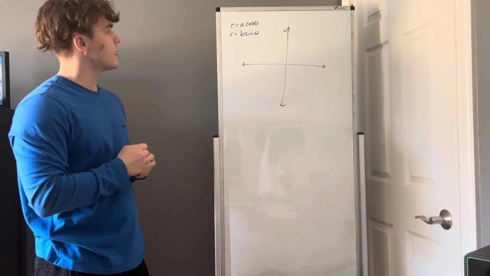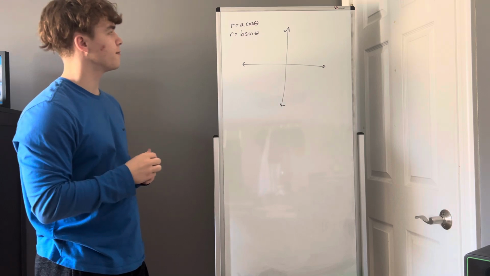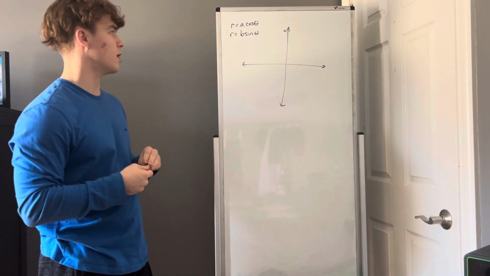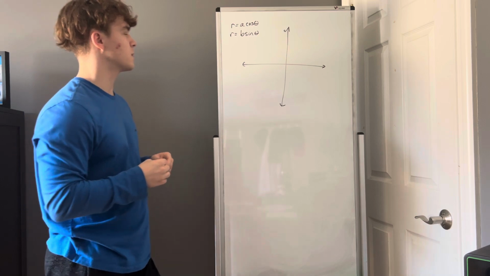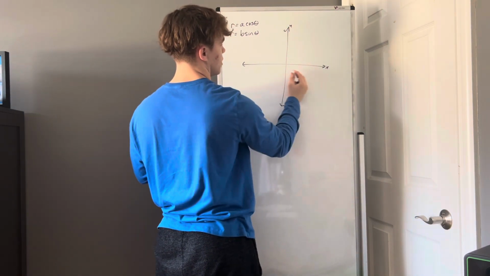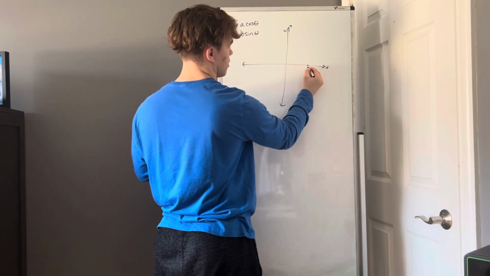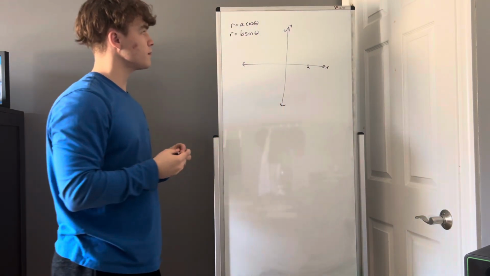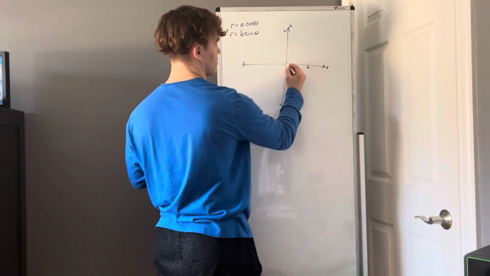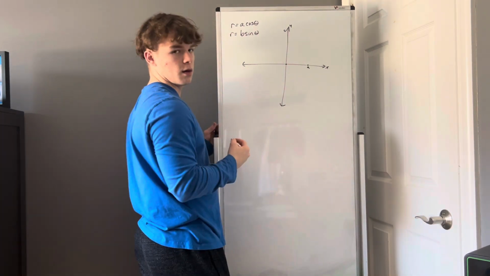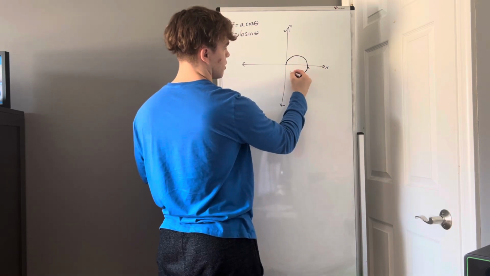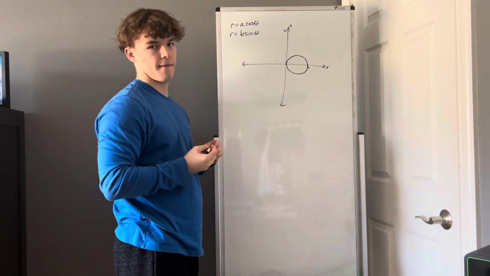But let's take a look at A cosine theta. Well, if theta is equal to 0, cosine is equal to 1. So we're just going to have a point of A on our x-axis. Let's say theta is equal to pi over 2. Got a point of 0. So what we're actually going to end up with is a circle just like that.